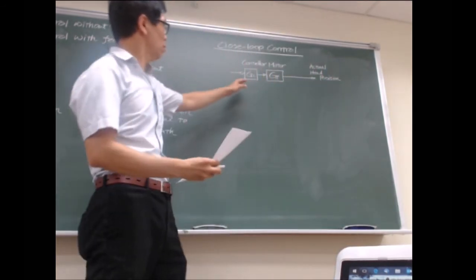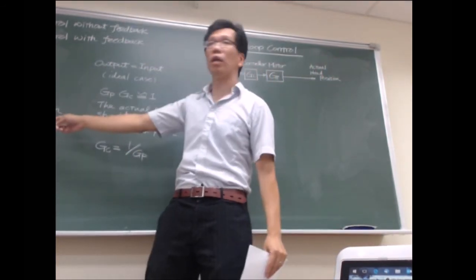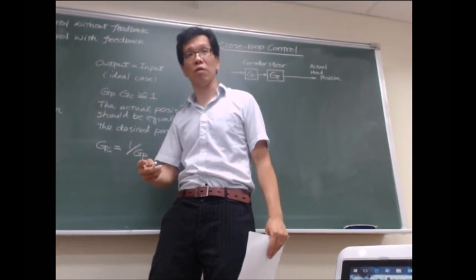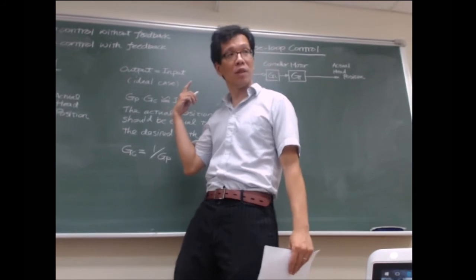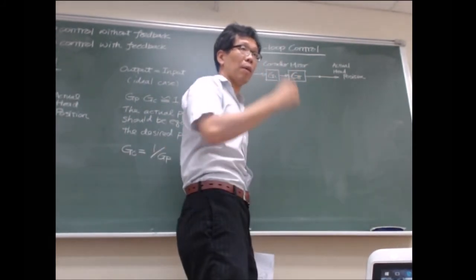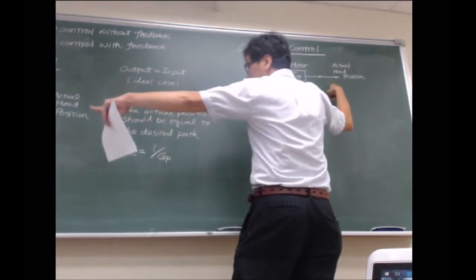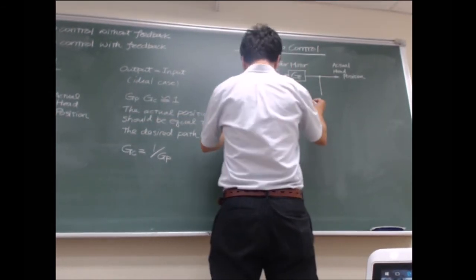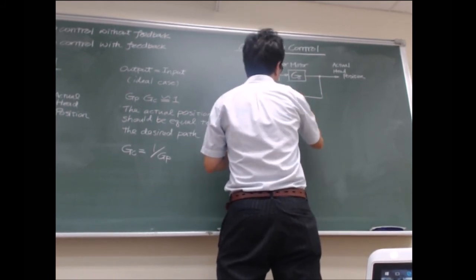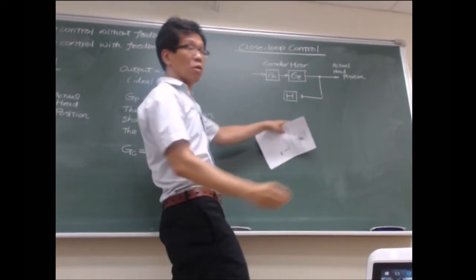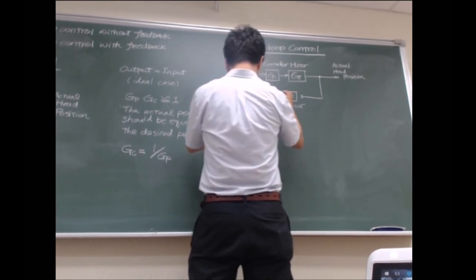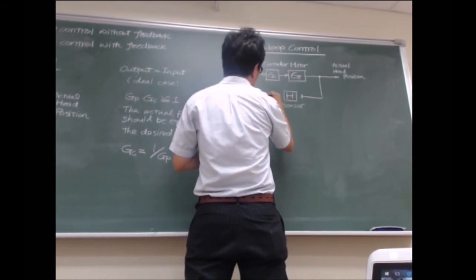Okay, so this is the same as my open loop control, but I'm talking about feedback control or closed loop, which means I'm going to take the position of the reading pen, go through a sensor, and put it back.